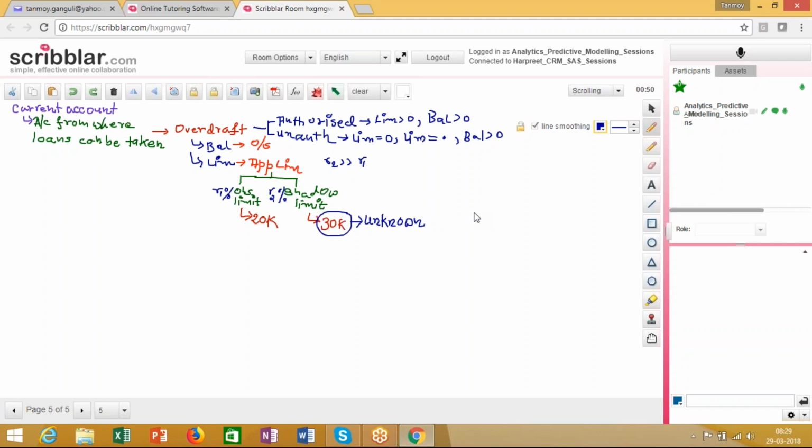Say, for example, I am trying to model the acquisition behavior of a borrower for a personal loan. So how should a customer or borrower be acquired on the books of the bank?